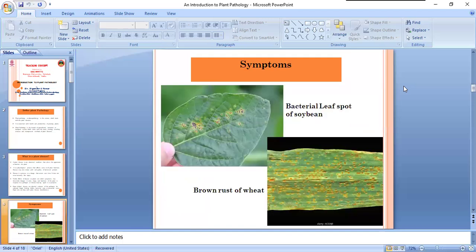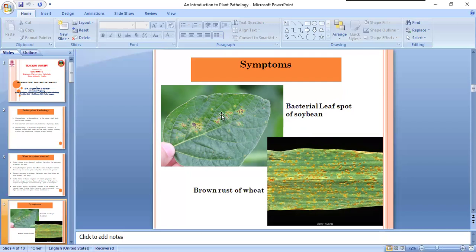Here you can see some symptoms which occurred on the leaf of soybean and wheat. Here you can see the bacterial leaf spot of soybean, which is brown and surrounded by pale yellow color. Symptoms appear on the upper surface of the leaf of soybean.